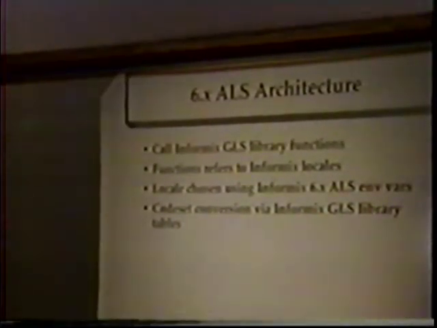The locales are chosen using a set of GL60 ALS environment variables, and the code set conversion is not hard-coded. It was changed, so it isn't hard-coded, and it is via GLS library code set conversion tables, which could support more than the NLS code set tables, more than 1 byte per character.